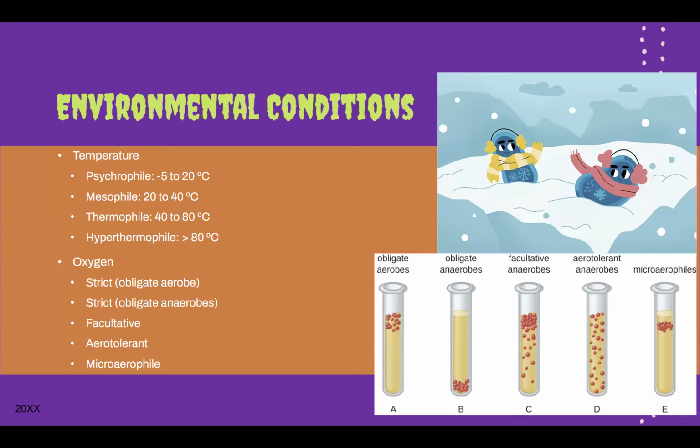Just know that there are different environmental conditions in which we can grow the bacteria. For temperature conditions, you have psychrophiles, mesophiles, thermophiles, and hyperthermophiles. For oxygen requirements, we've talked about obligate aerobes, obligate anaerobes, facultative microbes, also the aerotolerant and the microaerophiles.